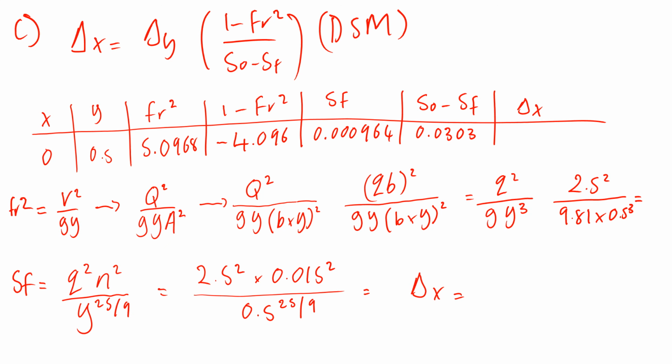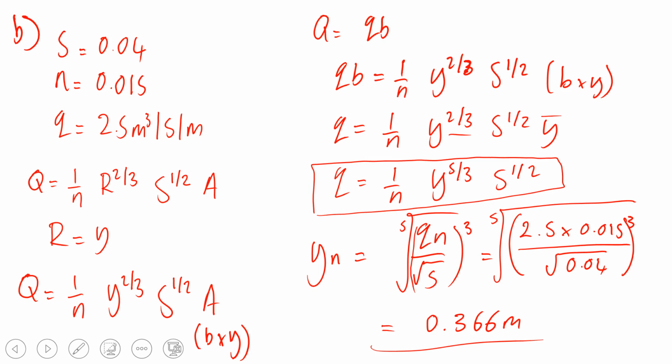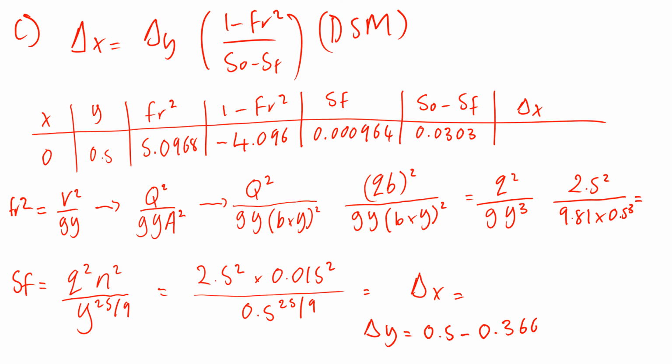So delta y is equal to 0.5 minus 0.366, which gives you 0.1337. So that's delta y.